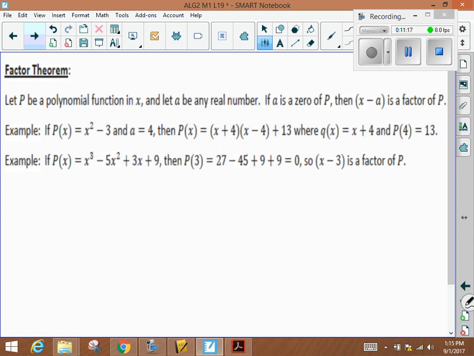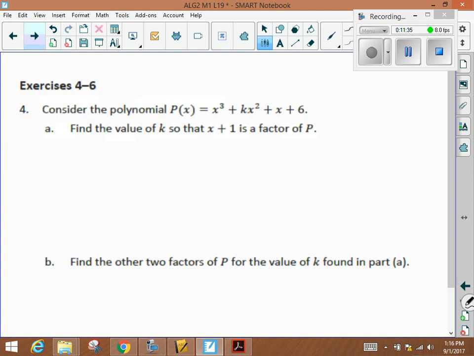So we end up finding what the zeros are. And if we find the zeros and plug those in, we will wind up with our remainder. We'll apply that even further. We'll talk about zeros of a graph, okay?